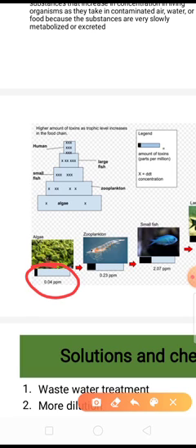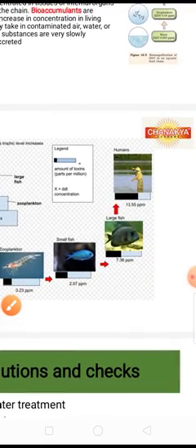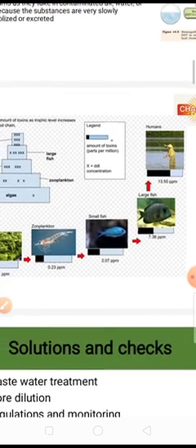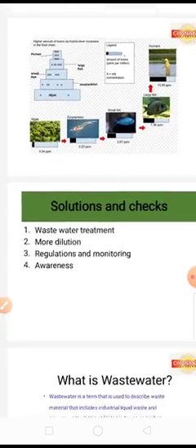So from 0.04 we are magnifying it to 13.55. So we should stop the use of DDT.